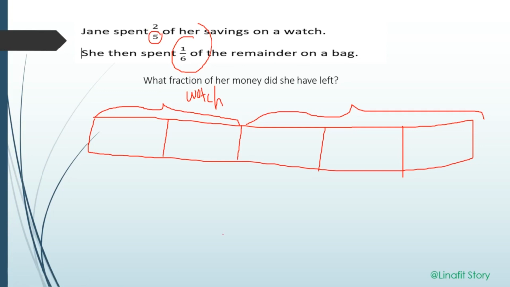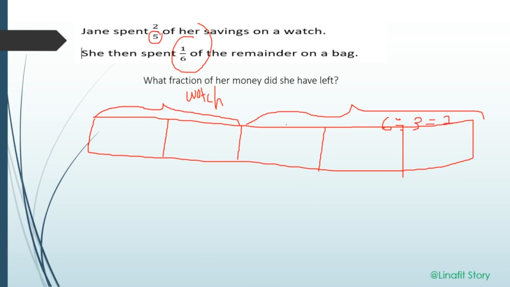But over here in the question, it's saying that Jane spent 1/6 of the remainder on the bag. So that's why the remainder 3 units here must be divided into smaller identical parts, which each part being 1 out of 6. So how to solve it? So remember here, 6 divided by 3 equals 2.